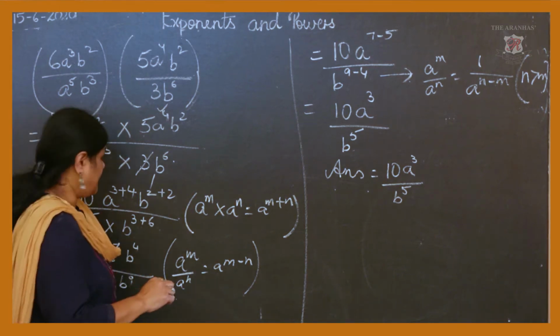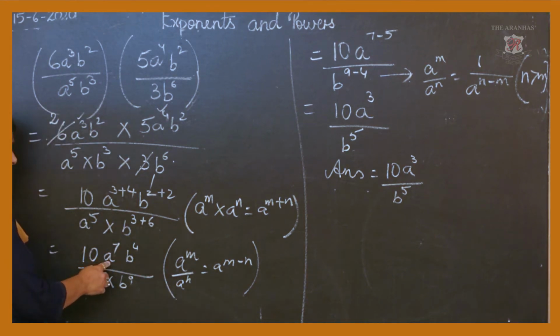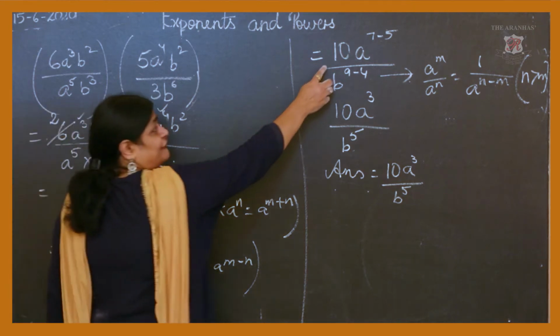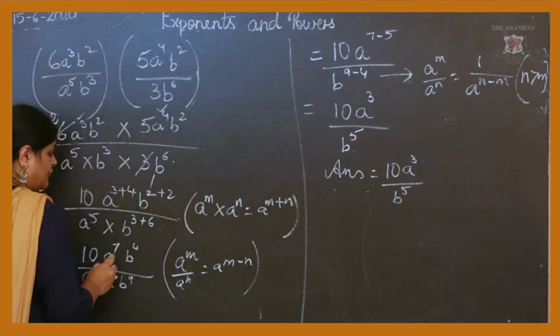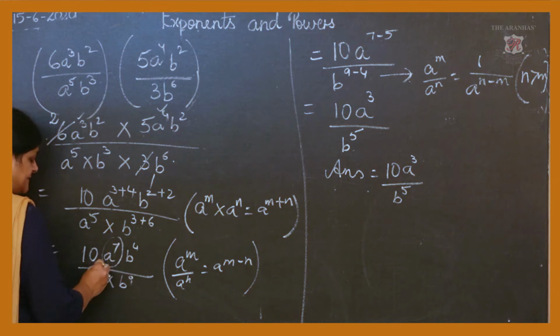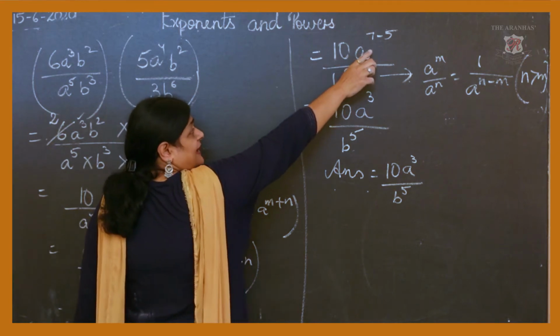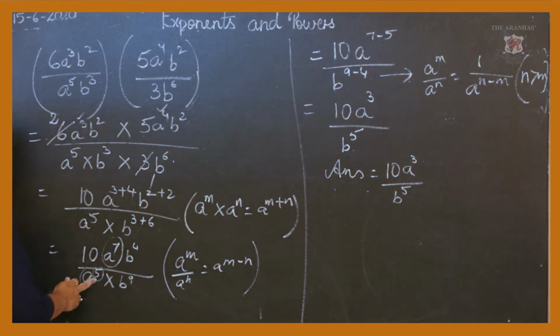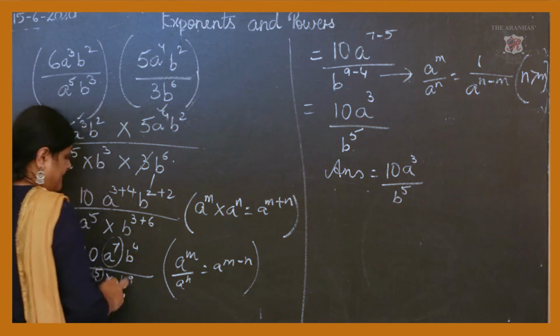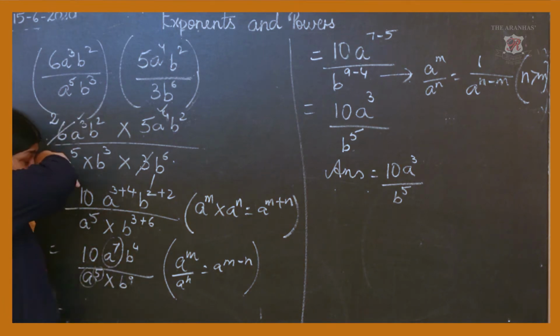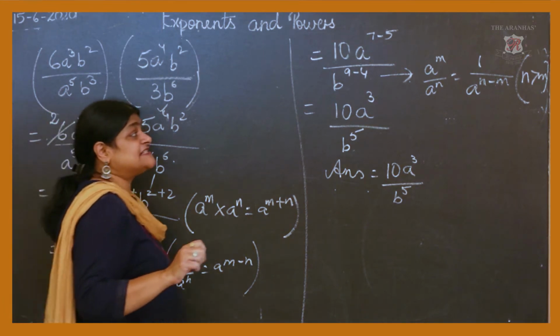Now you see over here you are getting 10 a to the power of 7, b to the power of 4. Now here you are going to first solve this, which is having a. So here 10a to the power of 7 minus 5, and b to the power of 9 minus 4. Now, why are you writing 9 minus 4?